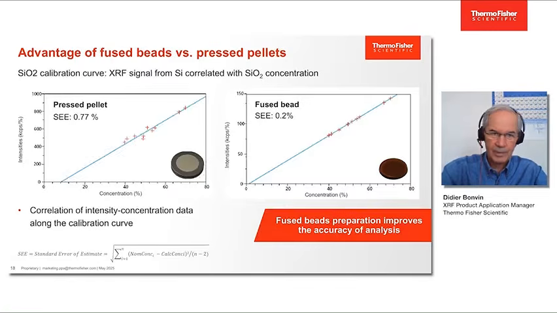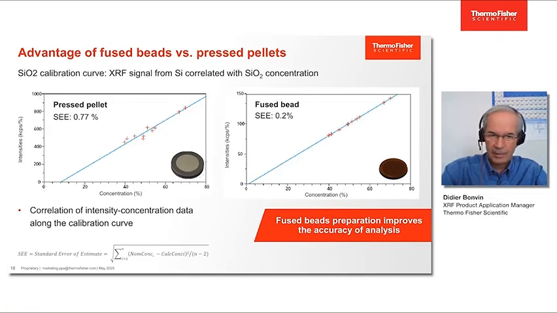So let's compare now typical results we get with both preparation techniques. You see here on the left the calibration curve for silica with press pellet, and on the right, the same calibration curve for silica but with fused bead sample preparation. And you get standard error of estimate, SEE, that is improved by a factor of more than 3 going to the fused bead preparation.